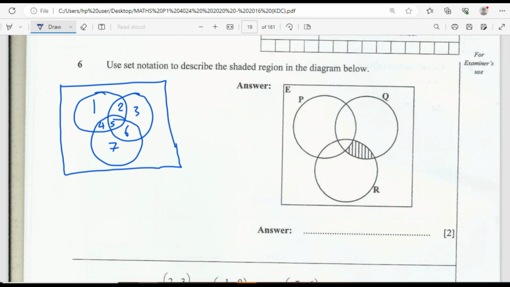So now let's look at the relationship. Let's look at P. Any part of P is not shaded. Okay, so let's look at the elements for P. For P we can see it's 1, 2, 4, 5. So I have written all the elements that are found in P. Now what of Q and R? Q and R are related by intersection, because we can tell where this line with where the area is shaded.